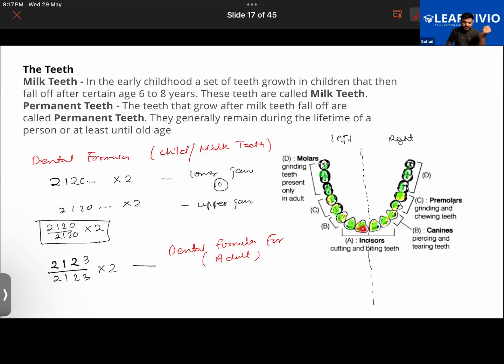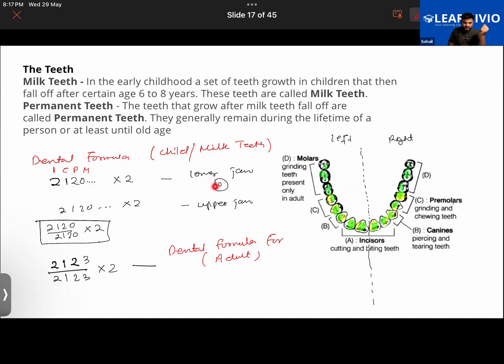In the left part, we have got 2 incisors, 1 canine, then 2 premolars, and 0 molar teeth. And this number of teeth will be found on the right side also. So left plus right, simply multiply this with 2.